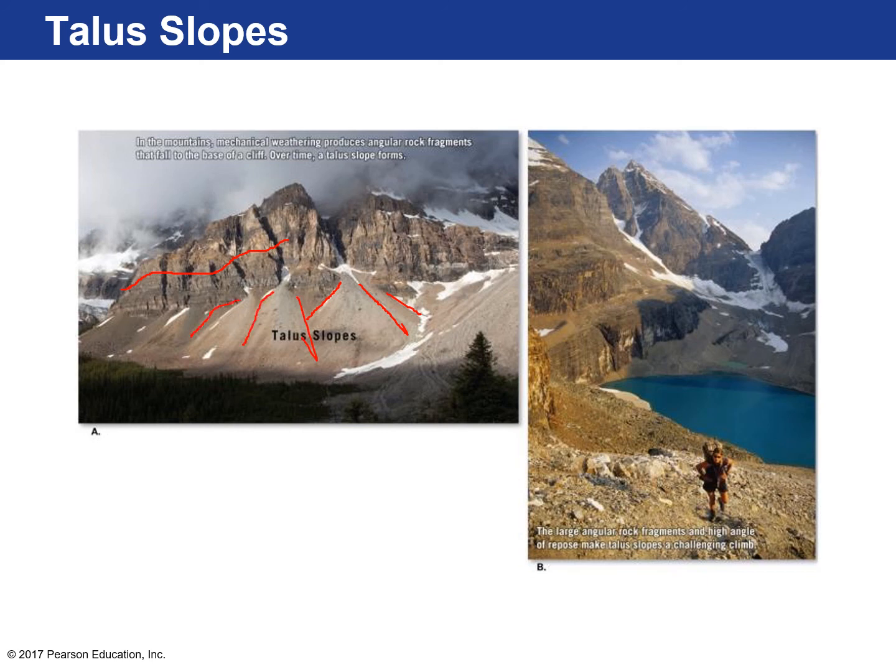Broken pieces of the rocks up here are depositing down here. It makes them hard to walk up because it's a lot of unconsolidated material. You kind of slip a little bit, fall back as you're climbing this. It can be dangerous too, because you can knock over a rock, and then that can roll downhill.